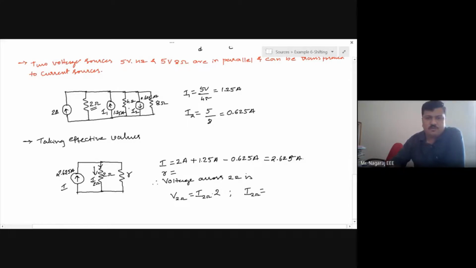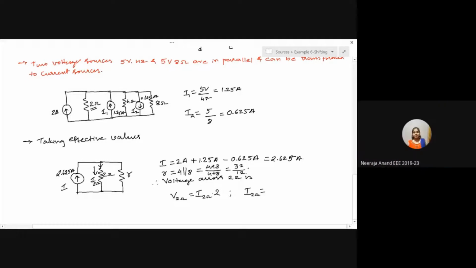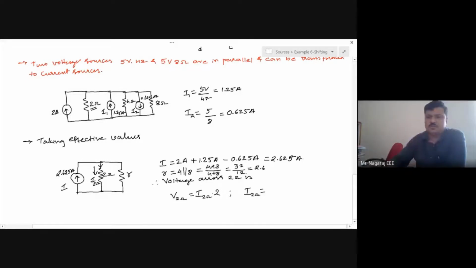I have to take the effective value of 4 ohm and 8 ohm, that is 4 parallel 8, equals 4 into 8 divided by 4 plus 8. So 32 divided by 12, 2.6 ohms.